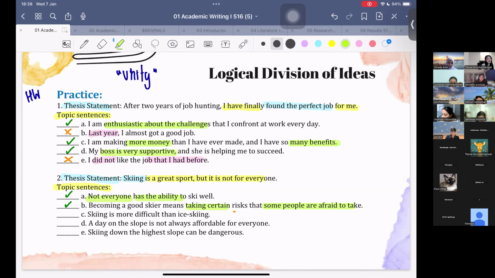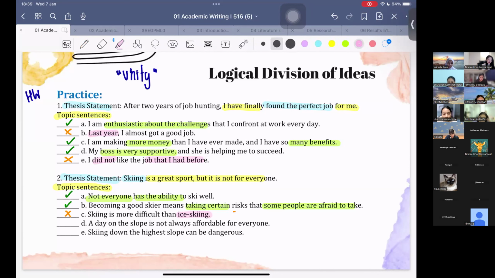Again, the thesis statement says skiing is not for everybody. But C compares skiing to ice skating, which we would say is not related. So C should be removed. It doesn't support the thesis statement because it's a comparison, which is not the focus here.